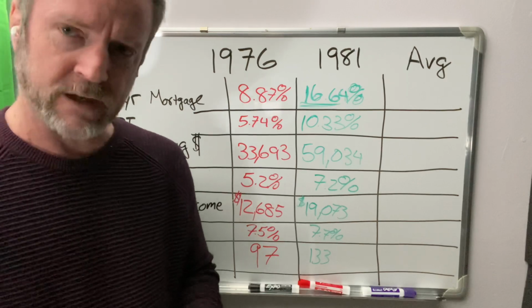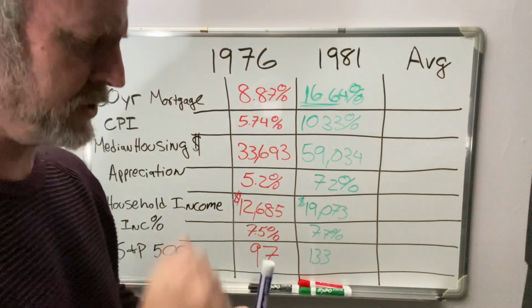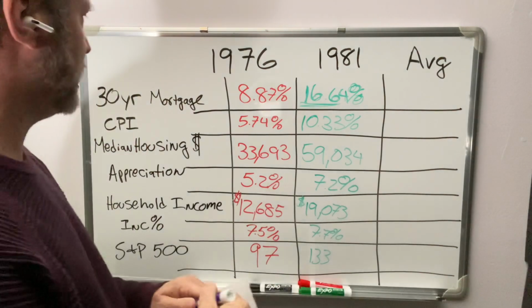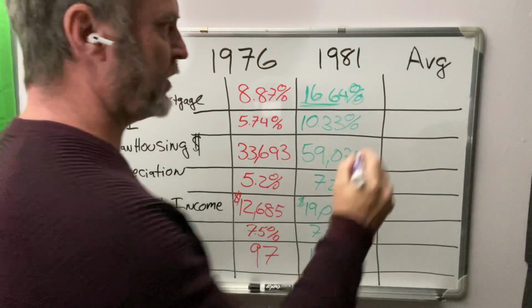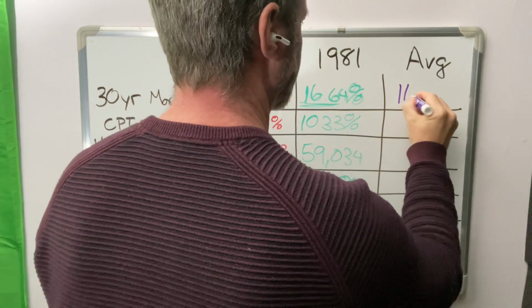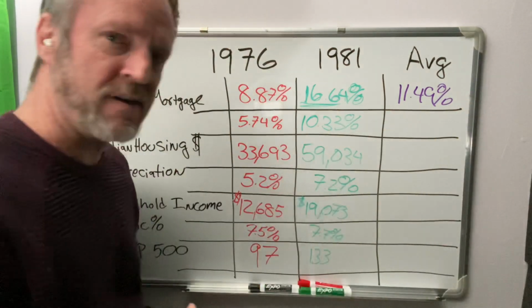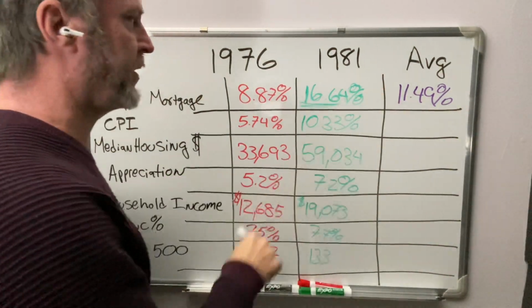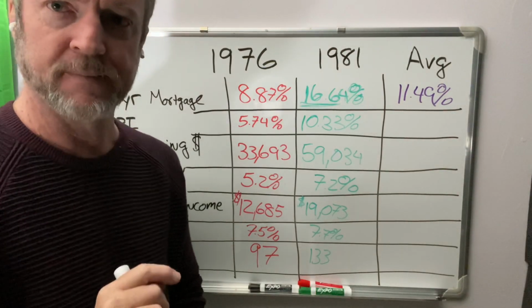So now let's go back and look at some averages and some information in here. So the average mortgage rate over 5 years was 11.49. The average for a 5-year period was 300 basis points higher than the beginning.